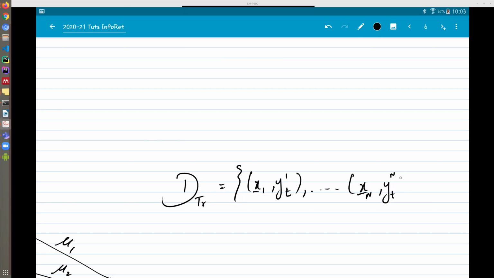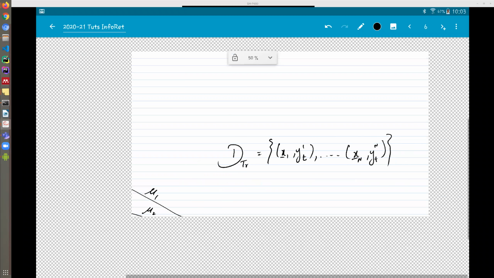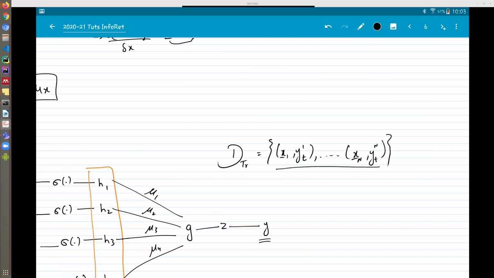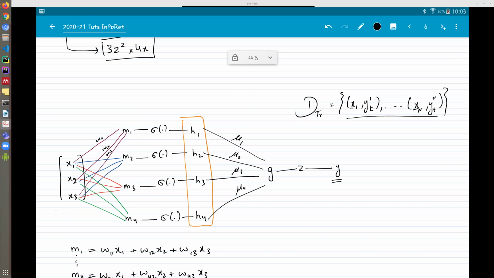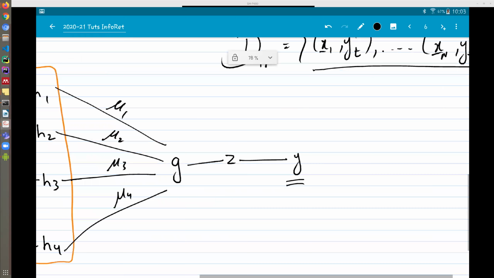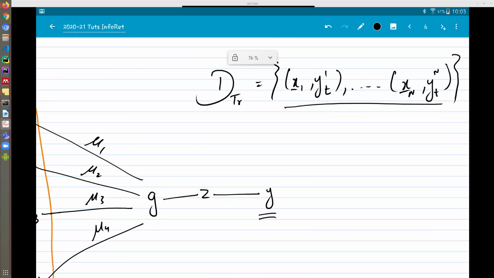So this "true" means true. These are the training pairs that we have. What we want is, given this input x, we want our neural network to learn the true output y, but it is outputting right now y.